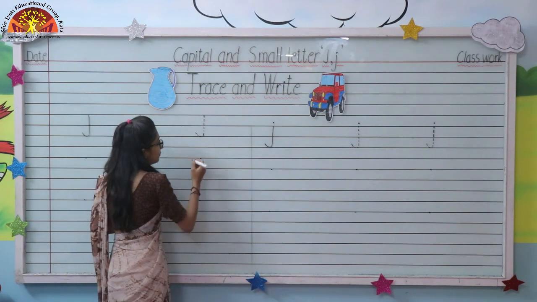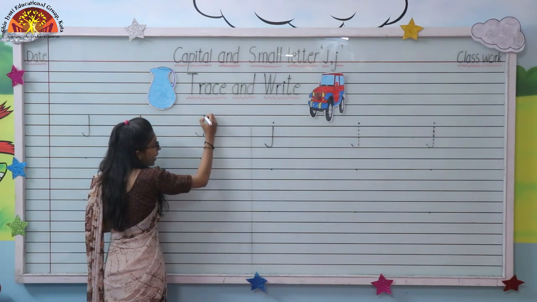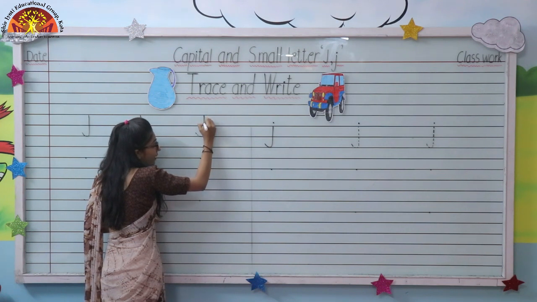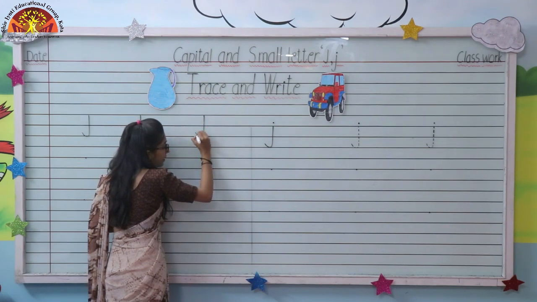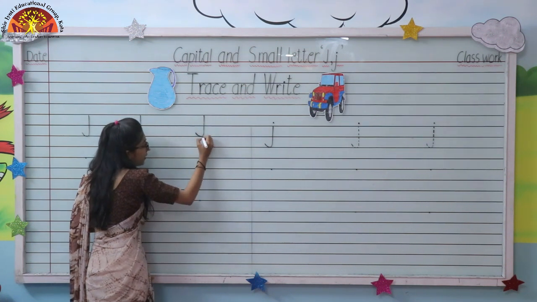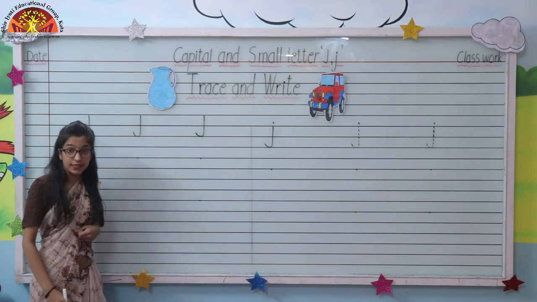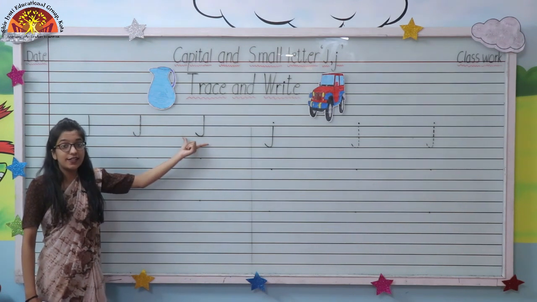One more time. Start from first line. Make a standing line, touch second line and turn. This is capital letter J.